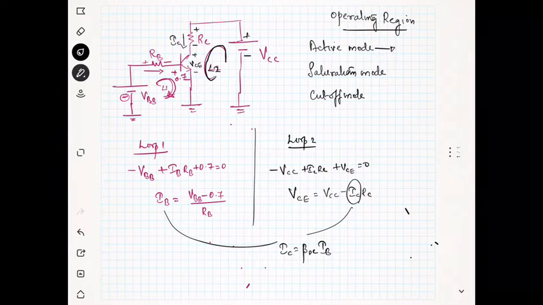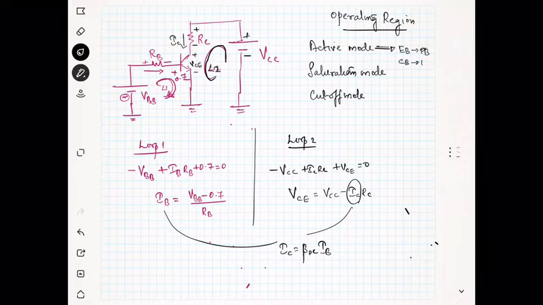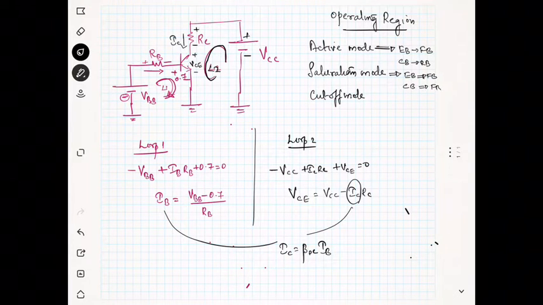So in the active mode, the emitter base junction is forward bias, right? Emitter base junction is forward bias, and the collector base junction is reverse bias, right? And you know, in the saturation region, the emitter base junction is forward bias, and the collector base junction is also forward bias.